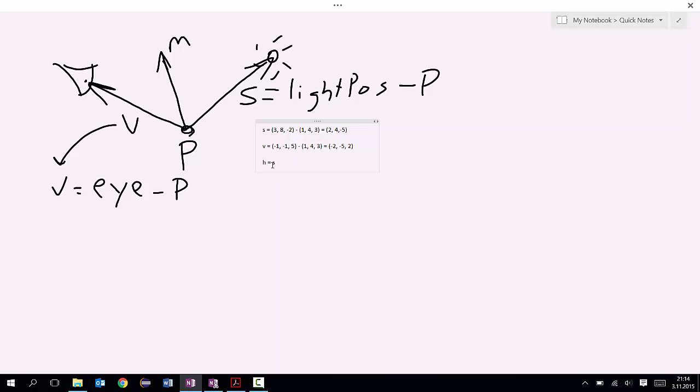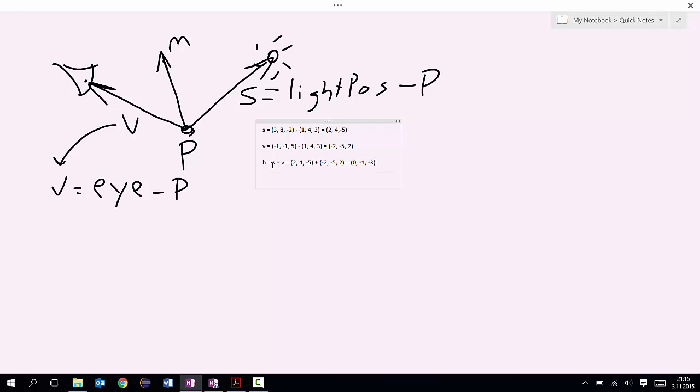And the halfway vector is simply s plus v equals 2, 4, minus 5 plus minus 2, minus 5, 2, which equals 0, 4 plus minus 5 is minus 1, minus 5 plus 2 times 3, so 0, minus 1, minus 3.